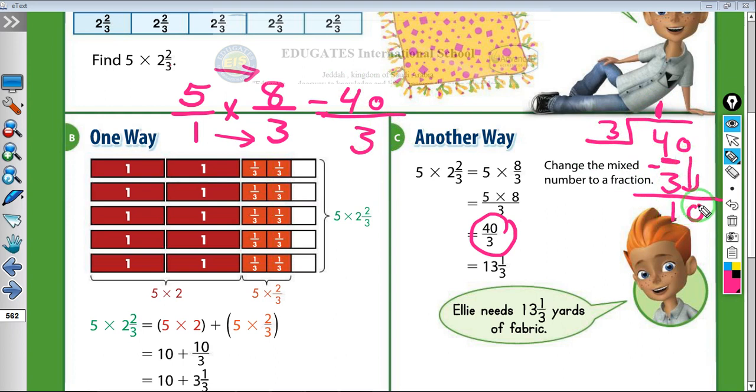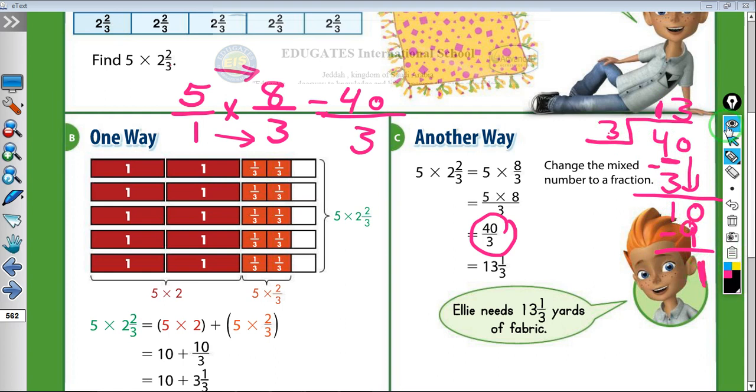Bring the 0 down. The 3 goes how many times to be 10? 3 times, because 3 multiply 3 is 9. Do subtraction. 10 minus 9 is 1.